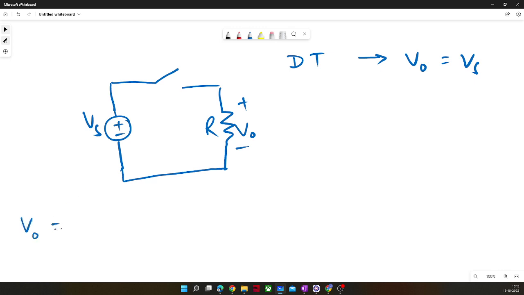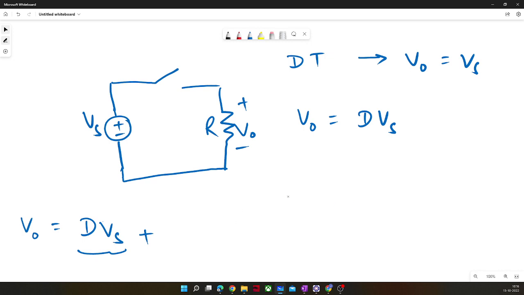So now, can we write the Fourier series for this kind of circuit? Complete Fourier series, not any extension. First of all, any Fourier series will have some particular DC value, and that will be V0, which is DVs, right? Because when it is closed for D period, it will be DVs. So this is the DC term for this kind of circuit. But some AC component will also be there.